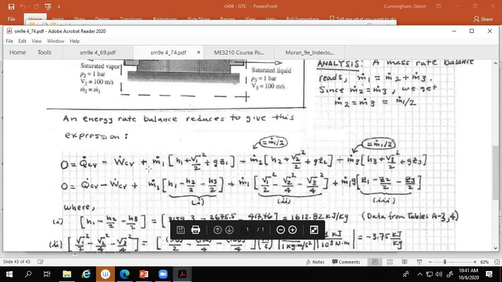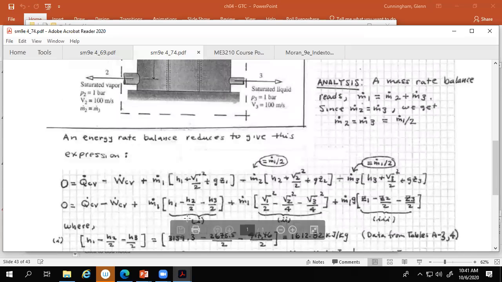M dot 1 is coming in, and m dot 2 and 3 are leaving. So inlet is plus, exit is minus. And he's including the enthalpy, the kinetic energy, and the potential energy for each one of these.